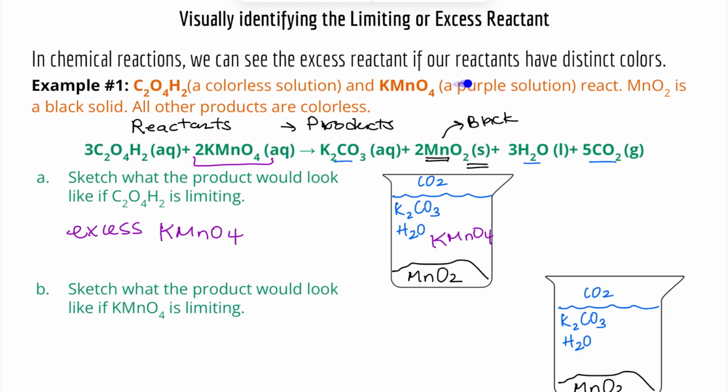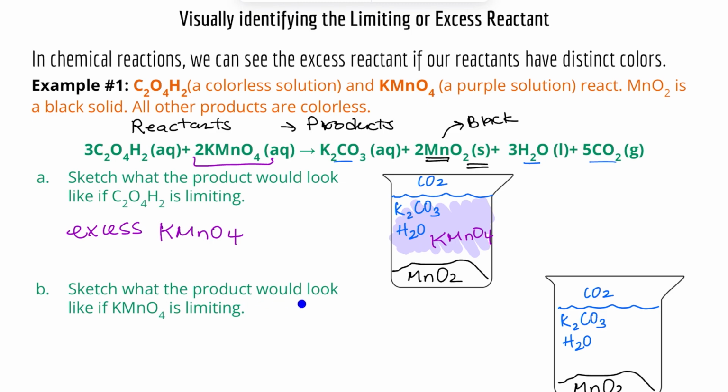And this says that KMnO4 is a purple solution, so it's aqueous, so it is in with those other things. So if we had a clear solution and a purple solution, that means this is going to have a purple tint to that solution.